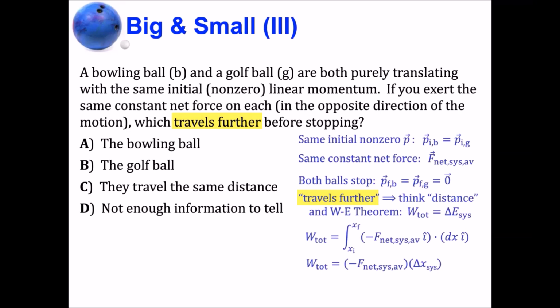The change in the energy of the system is only going to be due to translational kinetic energy changes because we're told that both balls are undergoing purely translational motion.